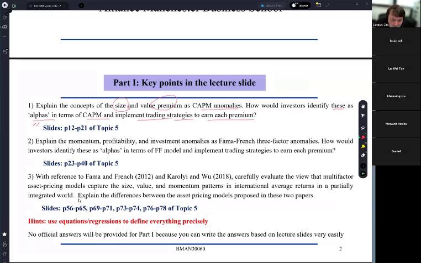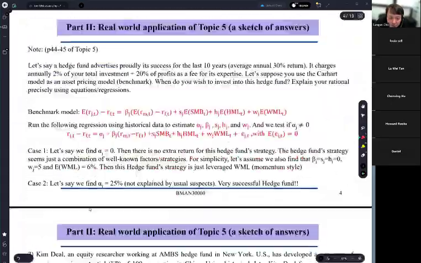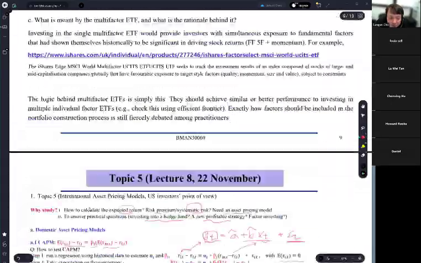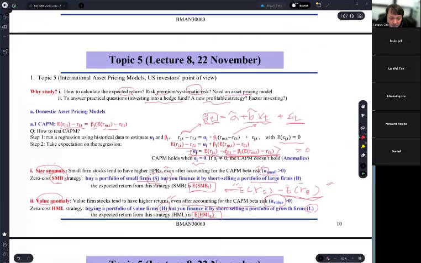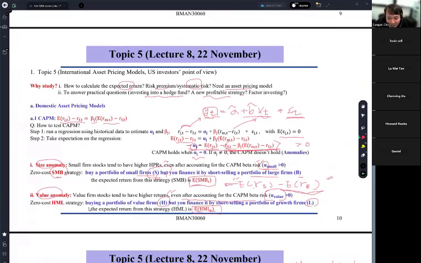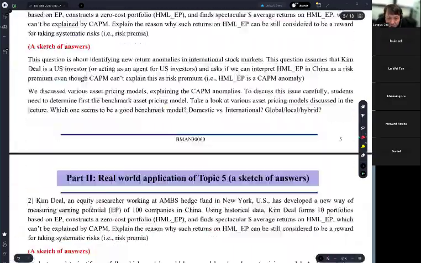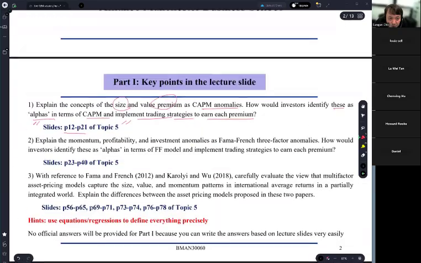In the answer, you should summarize page 12 to page 20 of topic 5. I also review the key points on size anomaly and value anomaly, how to implement that, and the meaning of alpha in the review slide, so a summary of this review slide can be the answer for these questions.